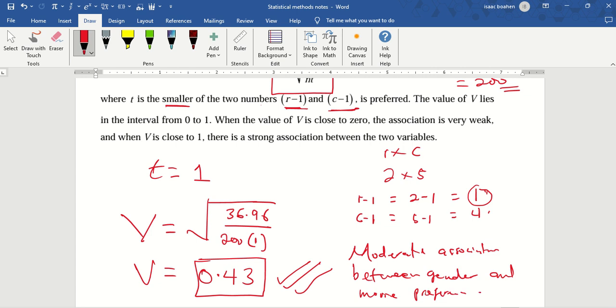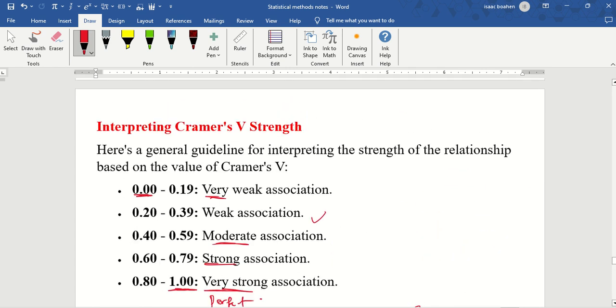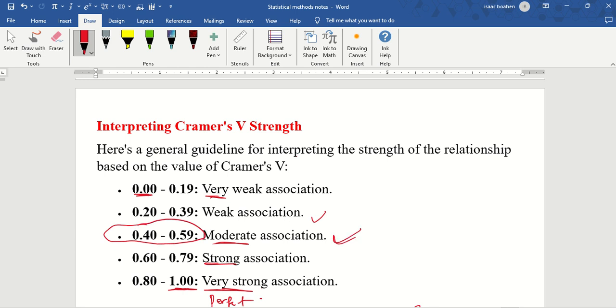There is somehow a moderate association or relationship between gender and their movie preference. So that is it. You can see that 0.43 is somewhere here, and it means that there is a moderate association between them. Thank you.